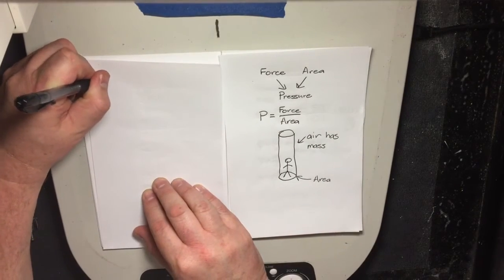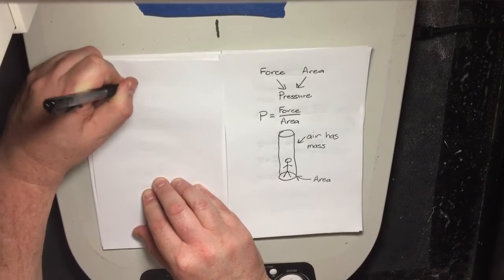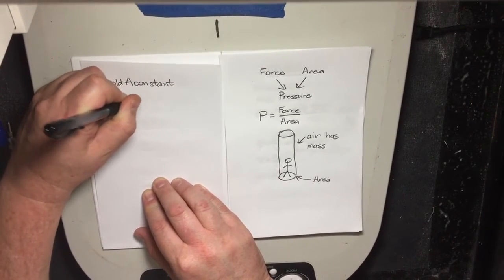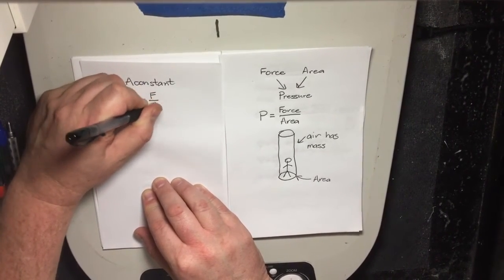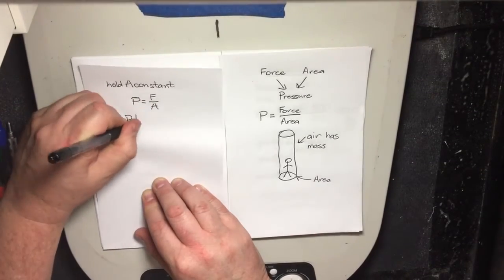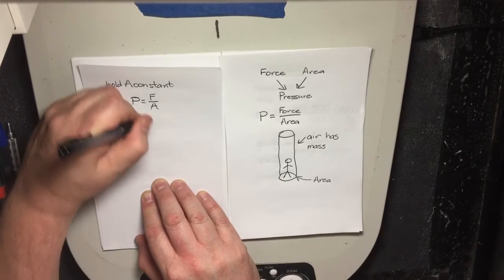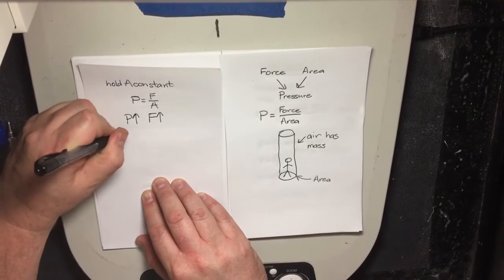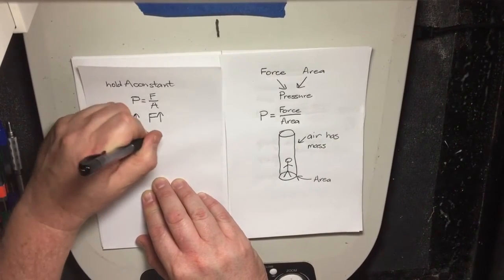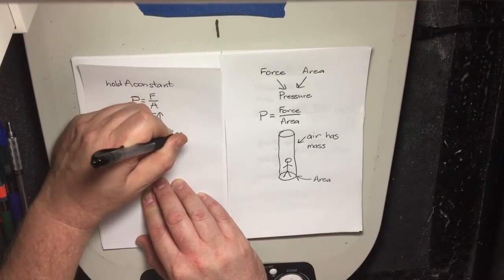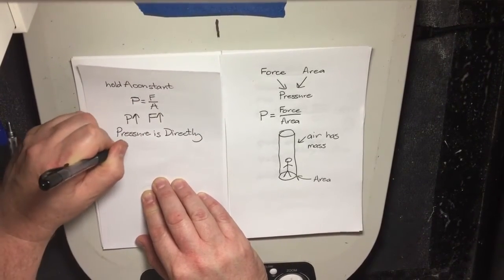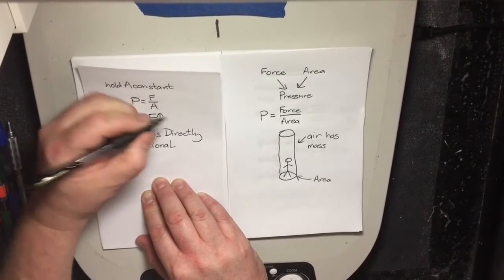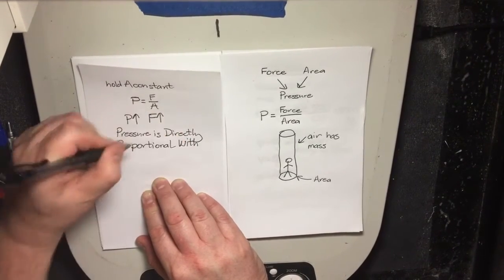If we held A constant, if A is constant and P goes up, if pressure goes up, that's because force goes up, which means pressure is directly proportional with force.